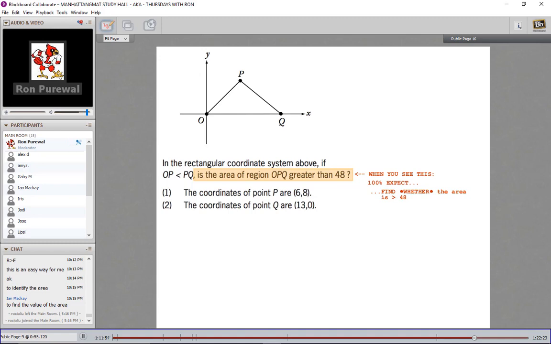You should expect not to find the actual area or the actual triangle. You have to realize that you are not going to find a triangle. This needs to be a 100% expectation, because if you found a triangle, they wouldn't have asked it.